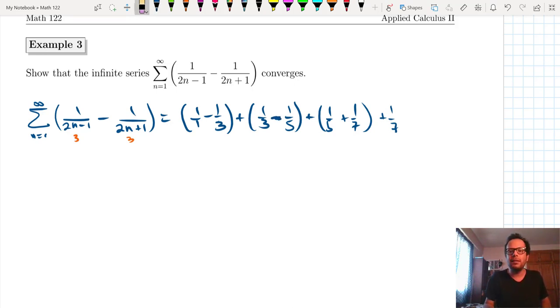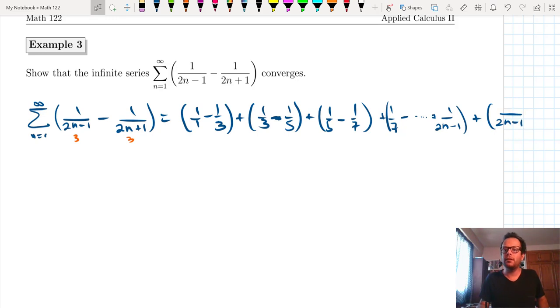Minus 1/7 and then plus ... and then 1 over 2n minus 1, minus 1 over 2n plus 1. So what is going to happen here?